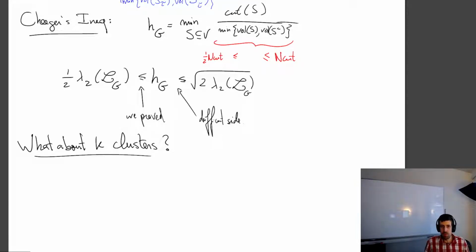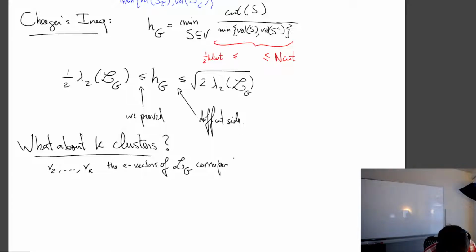You can take v2, up to vk, the eigenvectors of the Laplacian corresponding to the eigenvalues lambda 2 up to lambda k.